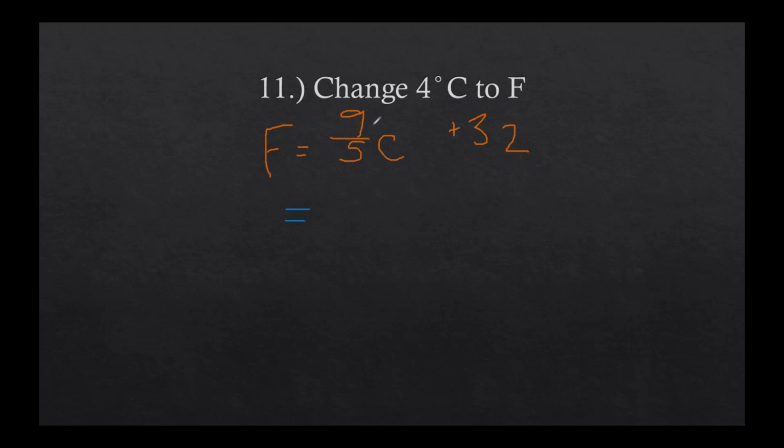All right. So with that 4, we're going to plug that 4 in for C. So we have 9/5 times 4 plus 32. And again, this whole piece is one step. So this 9 divided by 5 times 4 all should be done together, right, to give you 7.2.